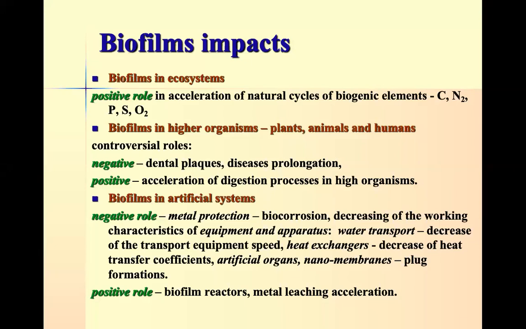Disease prolongation. For example, Helicobacter pylori, one of the dangerous bacteria which colonize on the surface of the intestine, and they produce different acid and other toxic substances which can result in ulcer, or even in the worst case, the cancer.